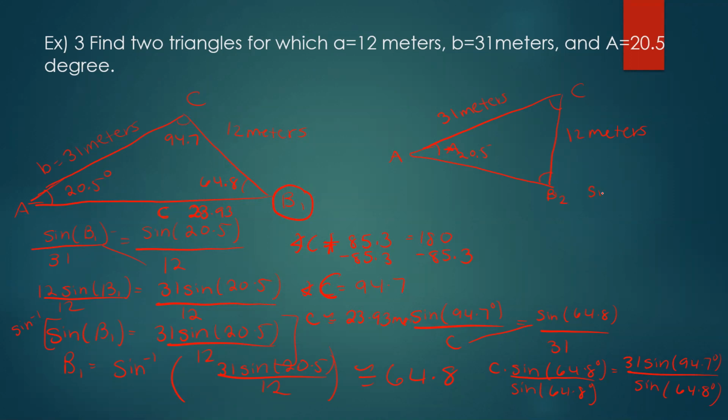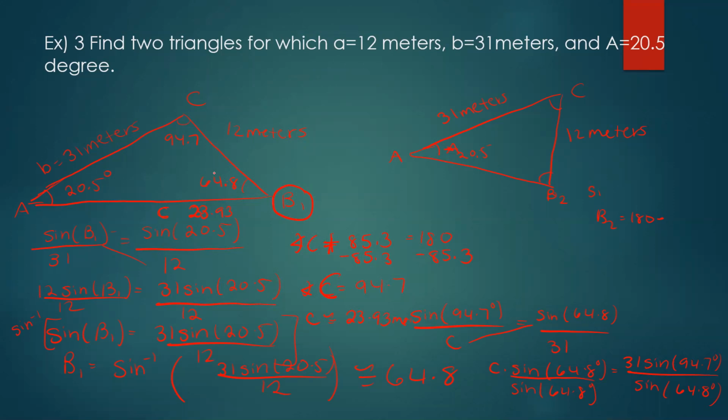You don't have to use a lot of sine for B2, because a triangle should add up to 180. So B2 can be equal to 180 minus B1, right?